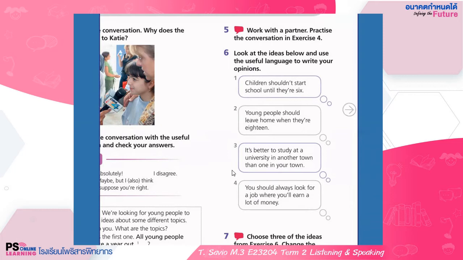It's better to study at a university in another town than one in your town. You should always look for a job where you'll earn a lot of money. Students, you are supposed to give your opinion whether you agree with these sentences or not, and why. So you can work on this at home in your notebooks, and we will discuss them when we are back in the classroom.